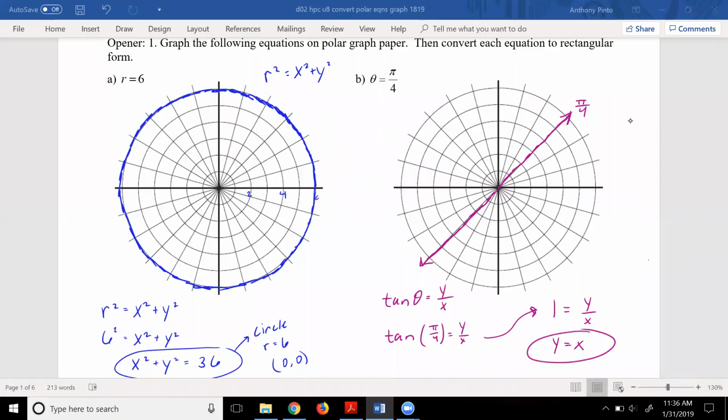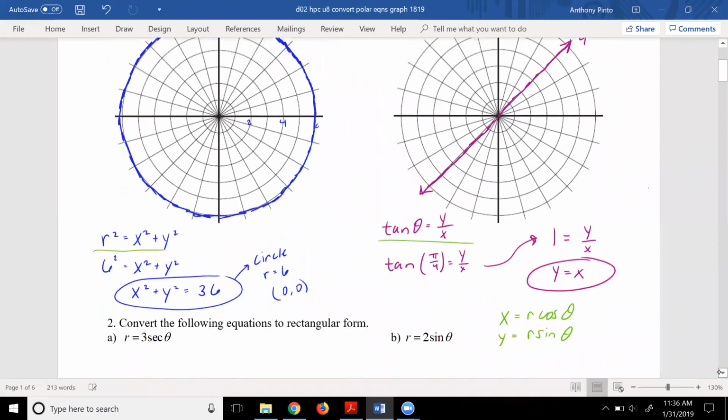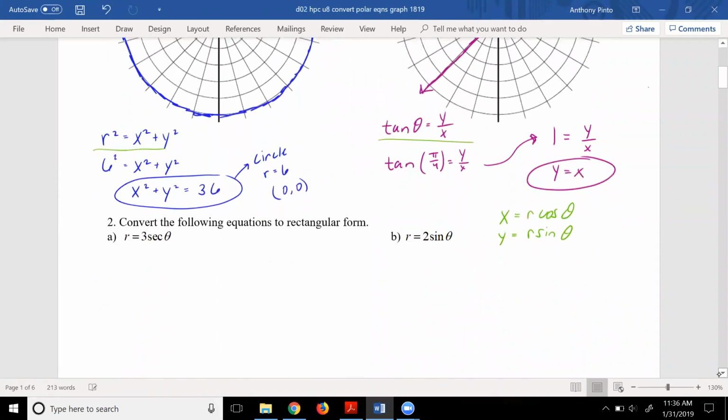Okay, so I've given you these two equations that we talked about in yesterday's video. And today I want to remind you of those other two equations. x is equal to r cosine theta and y equals r sine of theta. And we're going to use those in this next problem.